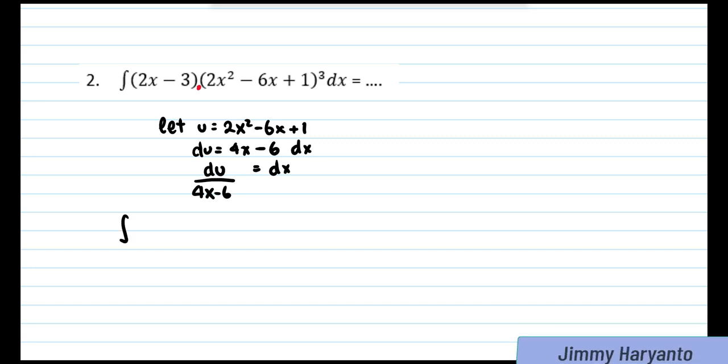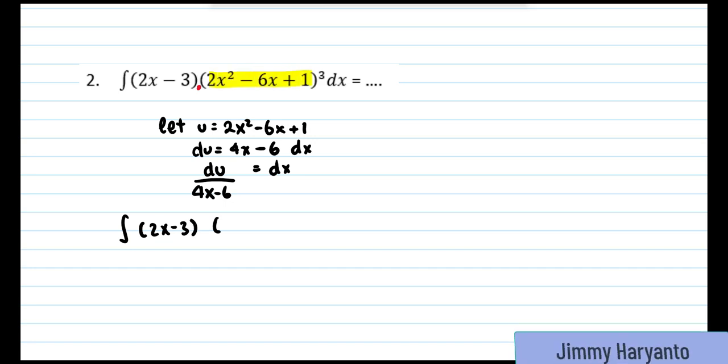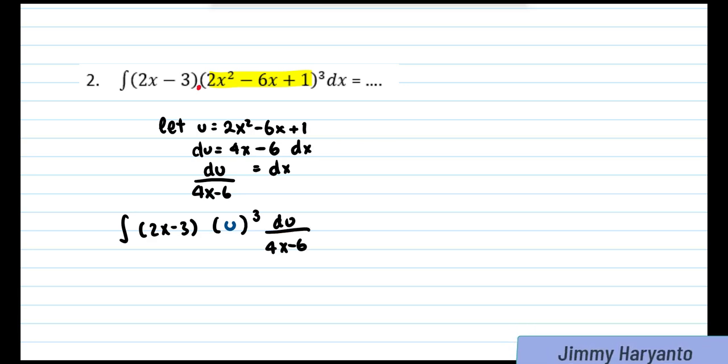Okay, good. And then for the integration, I will replace this one, the yellow, with u, because we already left it as u to the power of 3, and then the dx will be replaced with du over 4x minus 6.